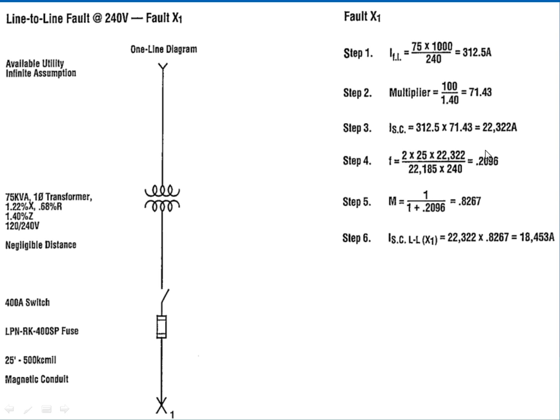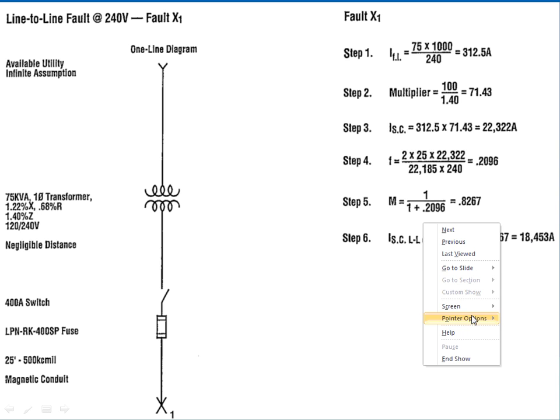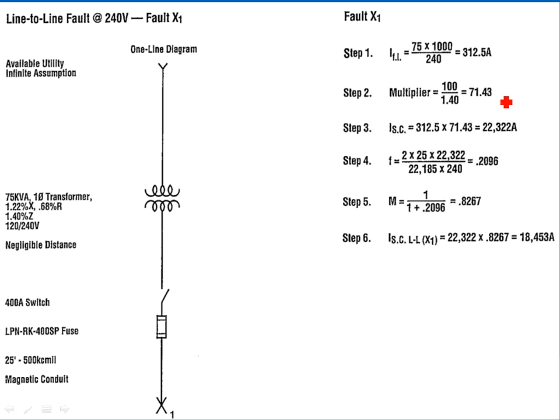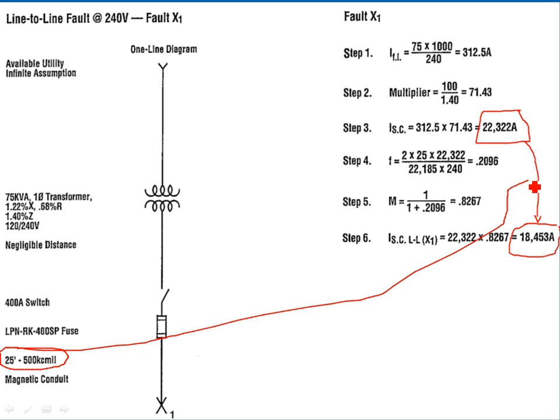Meaning, because of the feeder, you will knock it down by this value. Then you plug it into the M factor. It brings you to 0.8. Then you multiply the 0.8 by the available short circuit at the secondary of the transformer. It gets you 18,000. Long story short, guys, because of the feeder, I knocked down my short circuit just by the impedance of the feeder from 22 to 18, just by putting this feeder right in here, the 25 feet of 500 kcm.